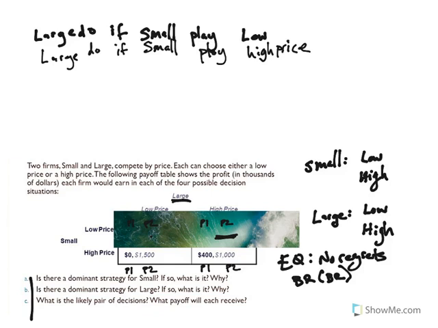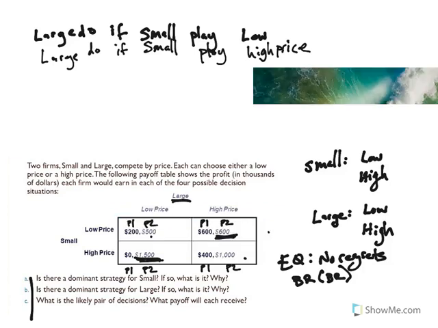So they decide, well, should I do a high price or a low price? Well, the high price has a lower payoff, so large's best strategy, if they know that small is going to choose high price, is to choose a low price.